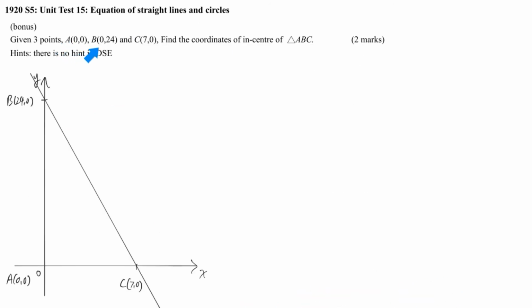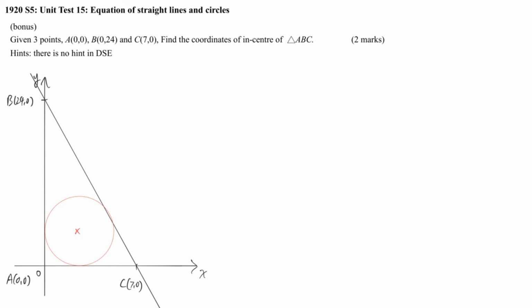In this question, they give you 3 points, and then we are going to find the in-center position of this triangle. In-center means that inside this triangle there is a circle, and the corresponding center is called the in-center of this triangle.